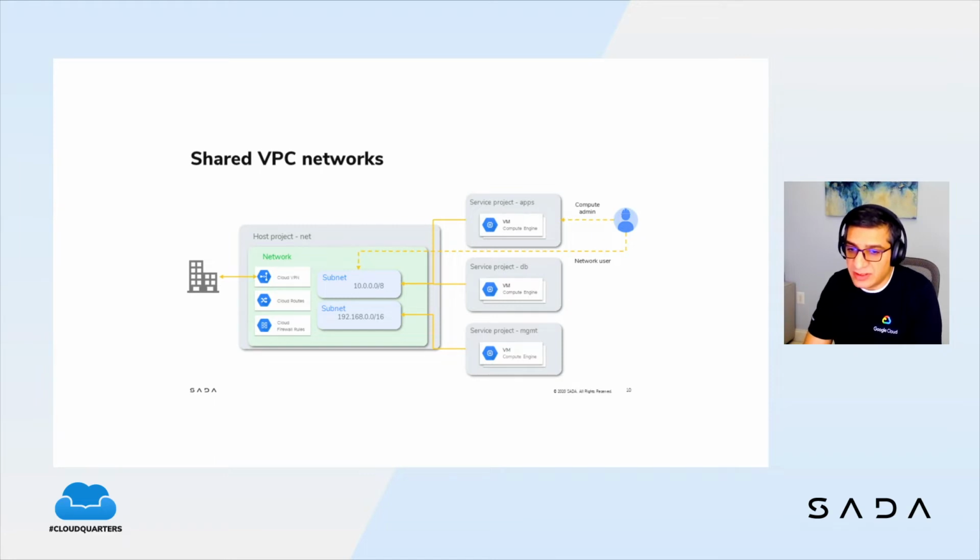This is a really common design architecture that we have seen a lot of our customers adopting when network segregation between the VMs is not a requirement, because eventually all of these VMs will live in a single VPC, but they are utilized by multiple projects and administrated by a single networking team.